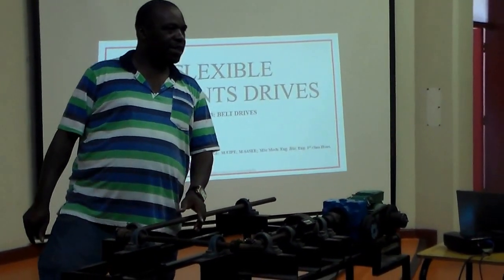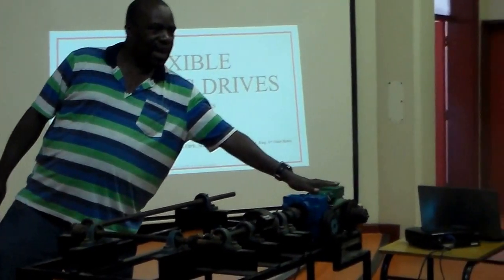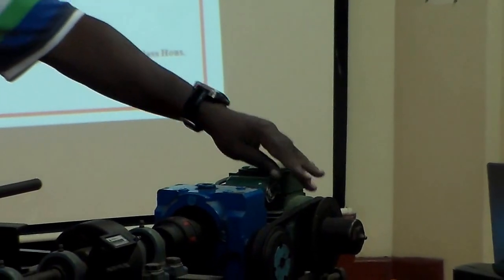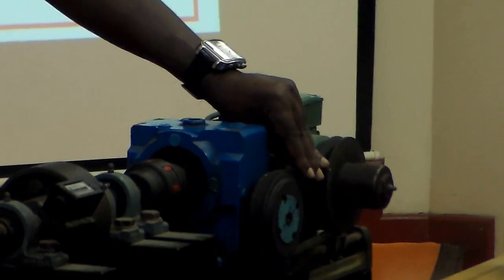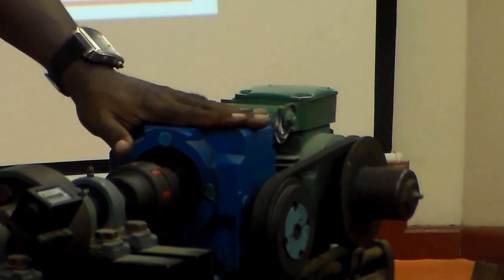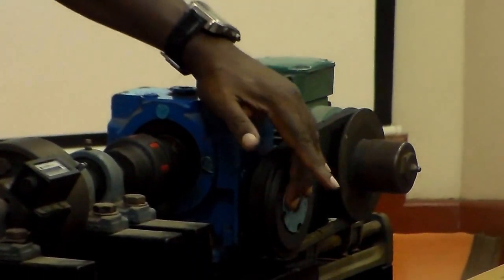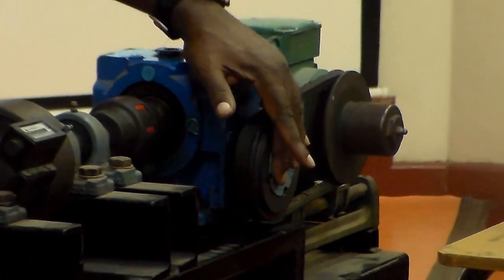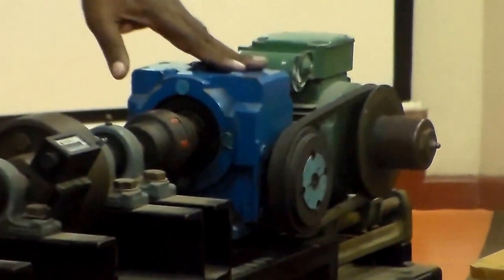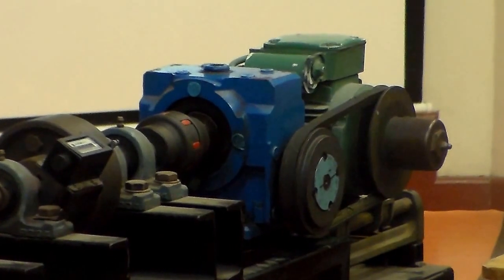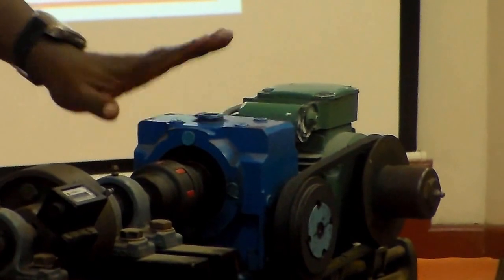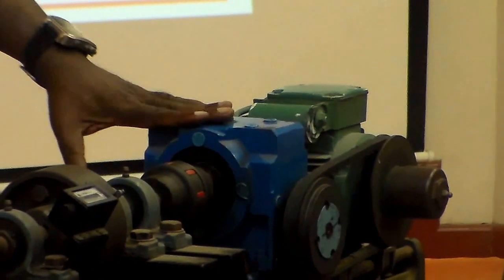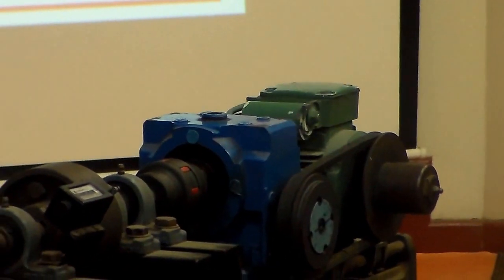For now, all we are interested in is that power goes in here. The power is sourced from this motor here. It's transmitted through this belt to a gearbox. So this shaft here is the input to the gearbox. We studied gears the other week. So inside this chap, you have those gears that we studied.